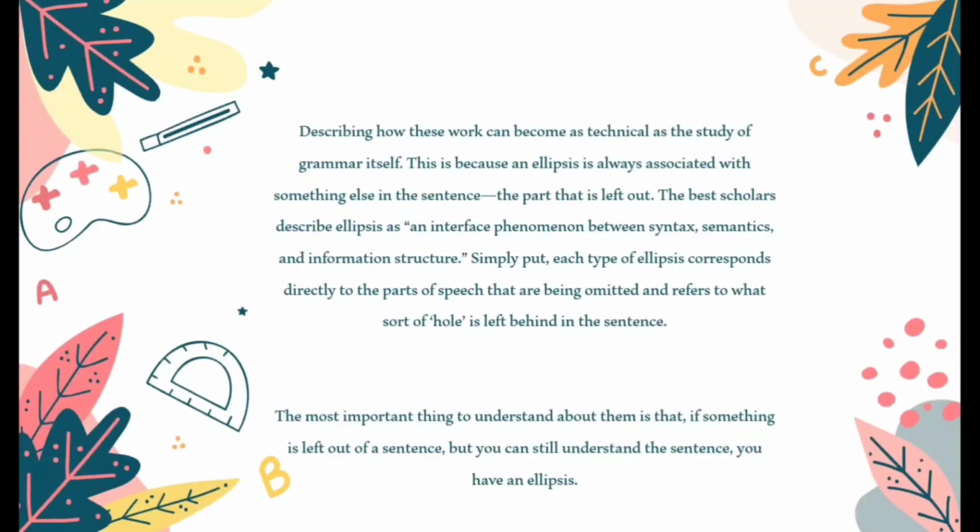The best scholars describe ellipsis as an interface phenomenon between syntax, semantics, and information structure. Simply put, each type of ellipsis corresponds directly to the parts of speech that are being omitted and refers to what sort of hole is left behind in the sentence.